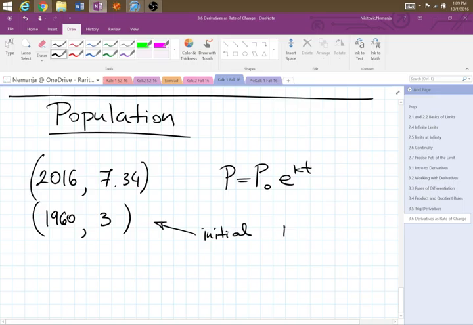So you would say that 1960 gives us t equals 0. So that point resets to 0, 3. And then the second point immediately resets to what? If 1960 is 0, 2016 is 56, 7.34.